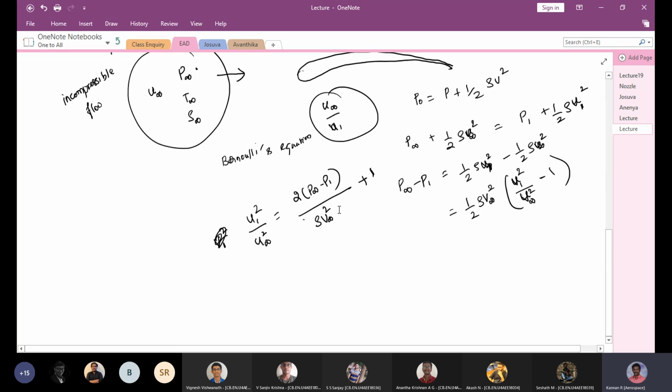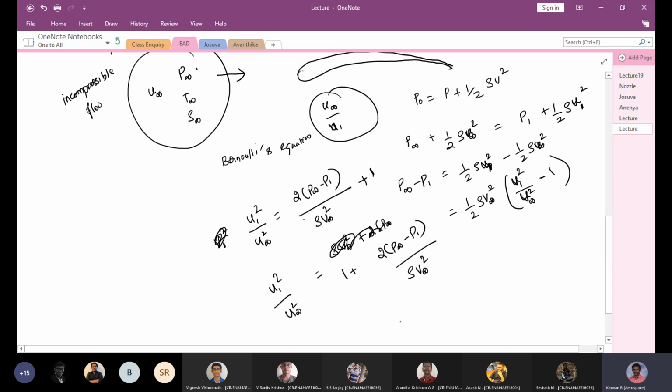Is it right? Yes, sir. So we can write it as 1 plus 2 into P infinity minus P1 divided by rho U infinity square. You can get the velocity ratio U1 square by U infinity square.